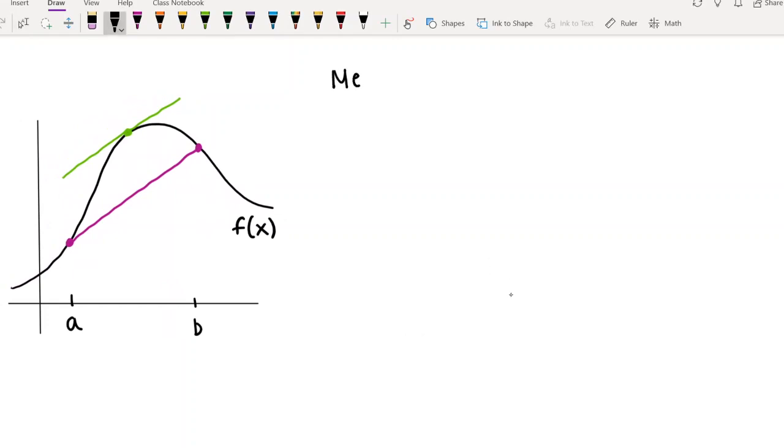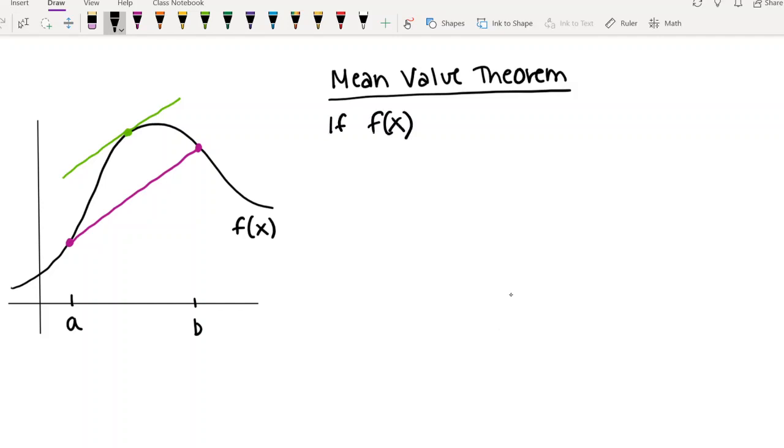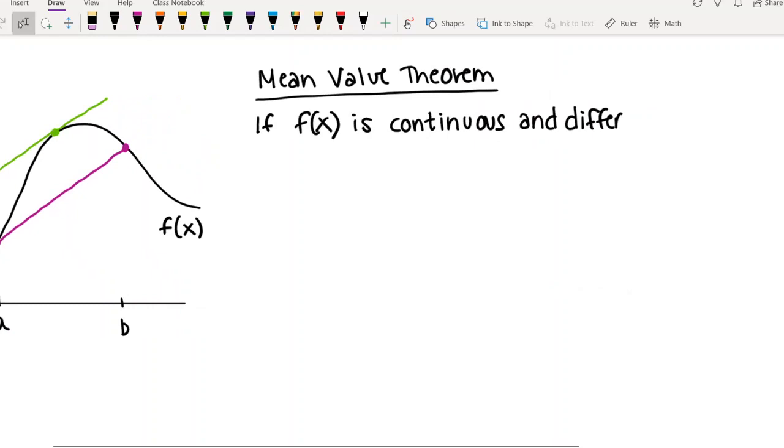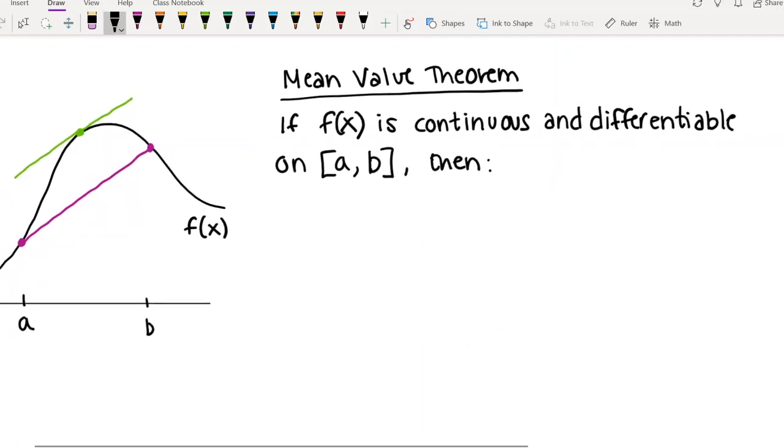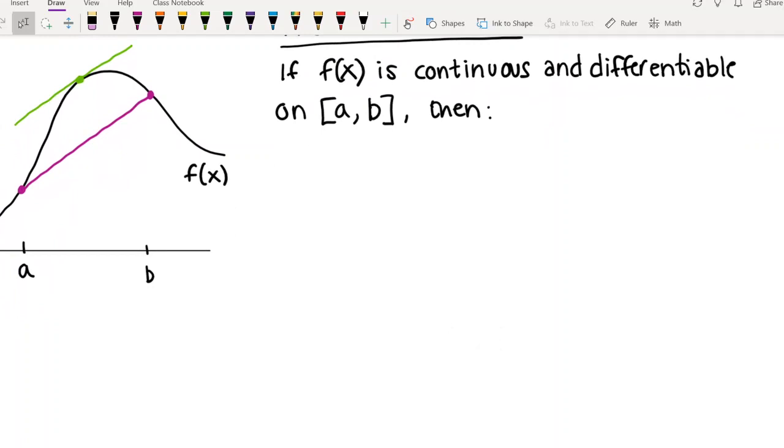So the mean value theorem says that, first of all, you have to start off with a function that is continuous and differentiable on the interval from A to B. This is where I'm going to first write stuff in math symbols, and then we'll translate it into plain English in a couple of different ways.